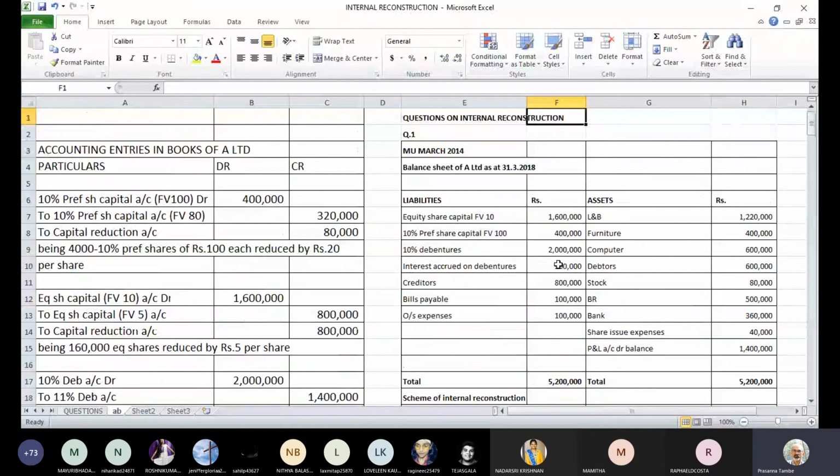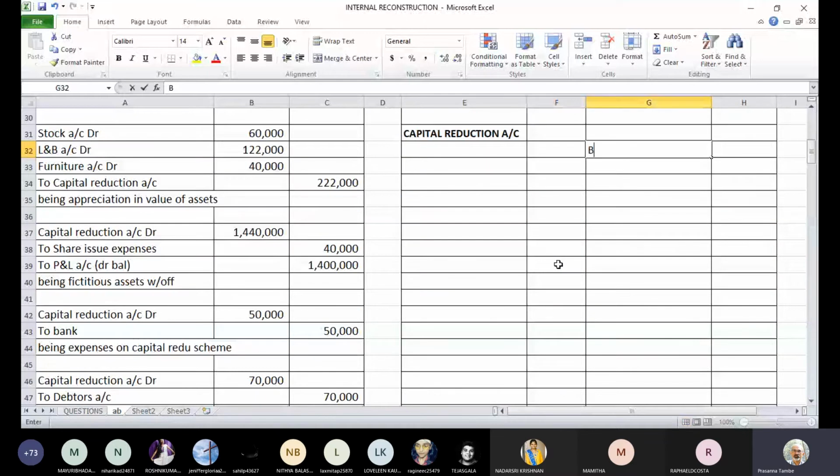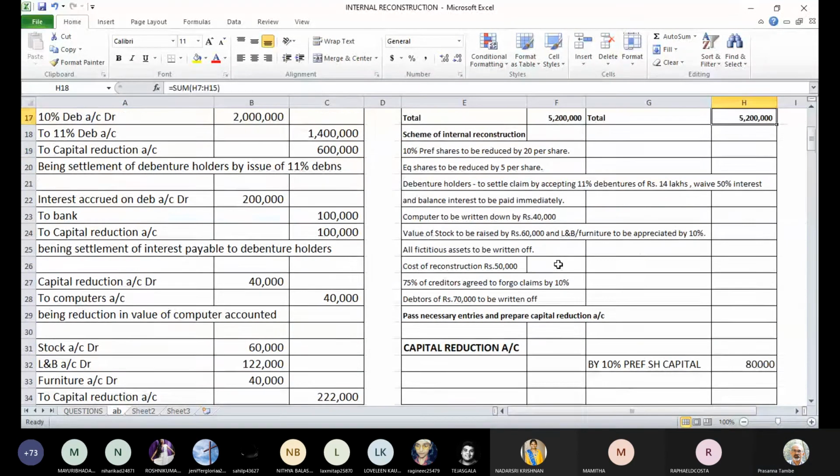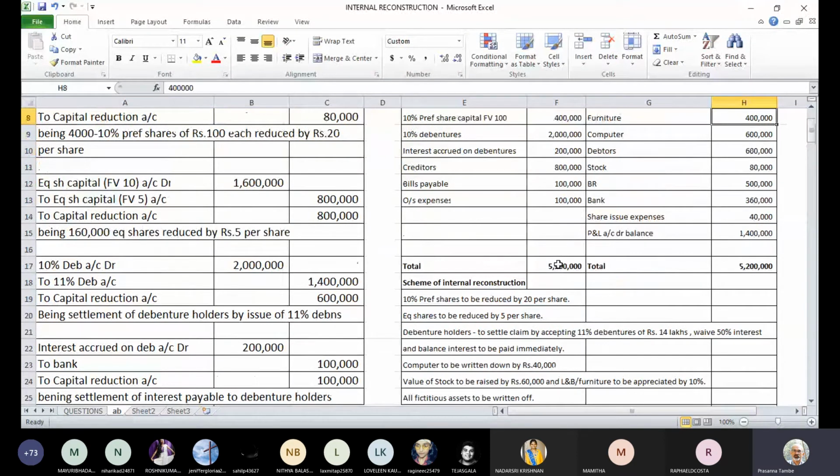Our first entry was preference share capital, where we have credited 80,000 rupees. So by 10% preference share capital, then by equity share capital, 8 lakhs rupees.